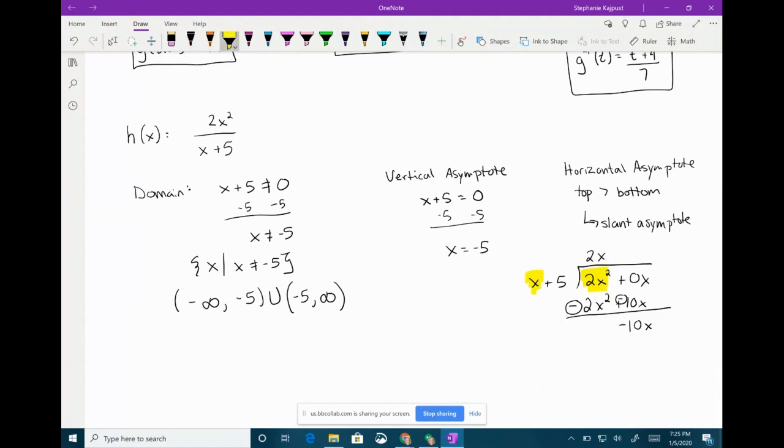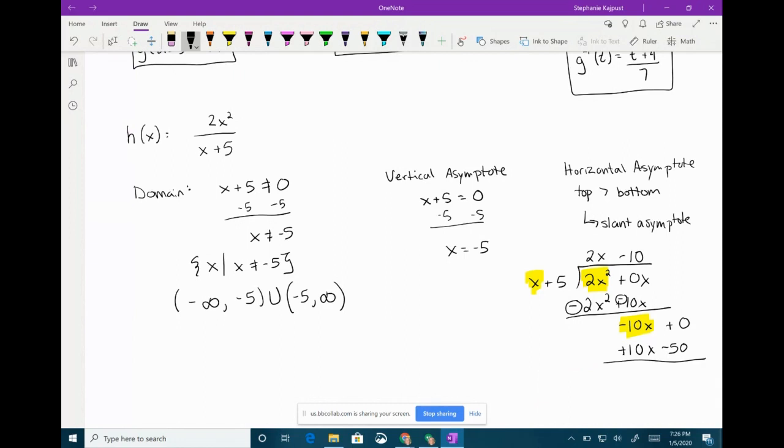And then again, I'm going to look at this negative 10x, and x times what can get me to negative 10x, and that's negative 10. So then I multiply my negative 10 by the x plus 5. So I have x times negative 10, so that's negative 10x. And then 5 times negative 10, which is negative 50. And then I have to put another placeholder.